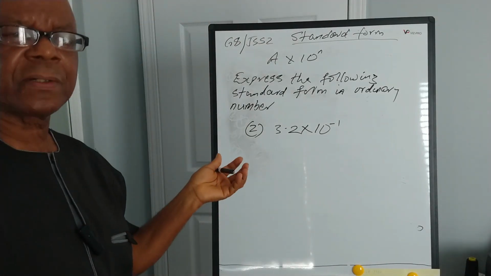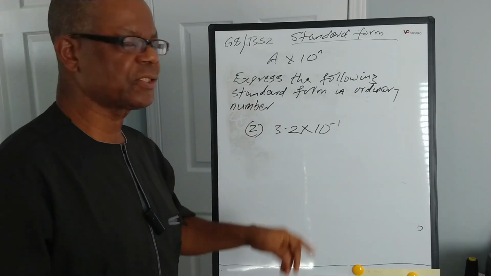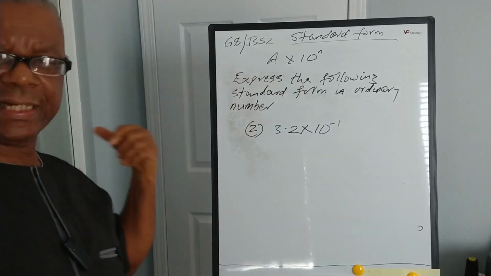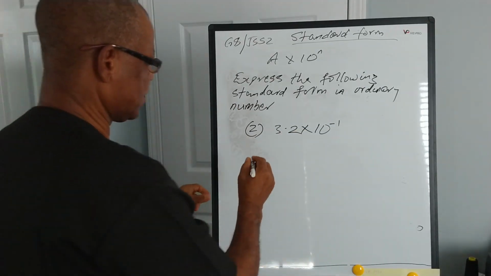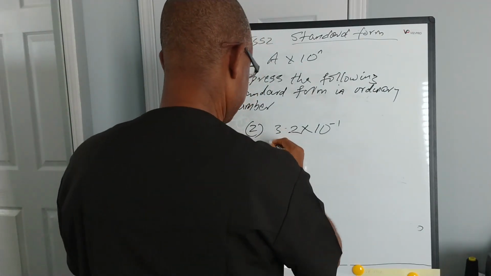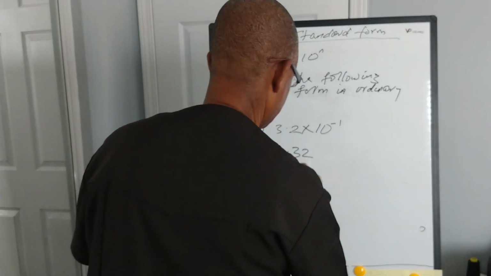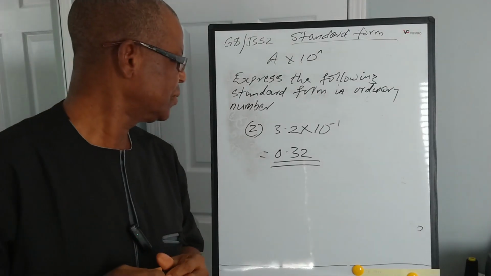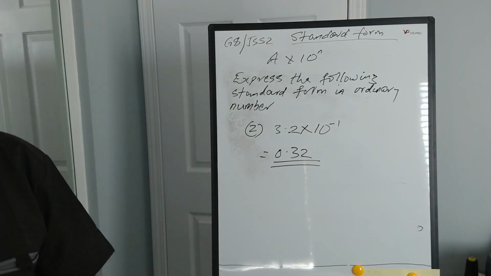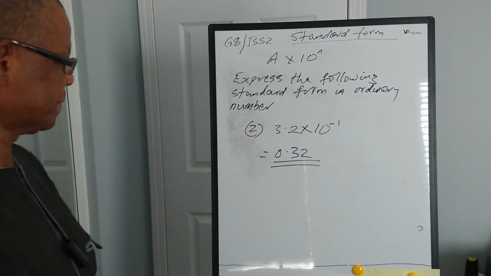Like you derived from the previous example, that just means that this decimal point will move 1 place to the left, since it is negative. And that will give you 0.32. This is the ordinary number of 3.2 times 10 raised to the power minus 1 in standard form. This is the result.